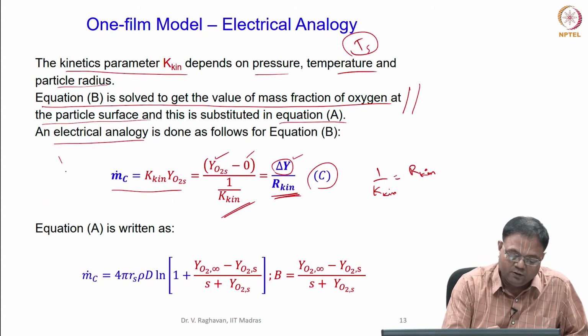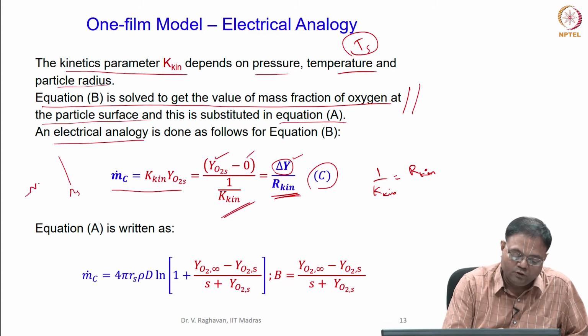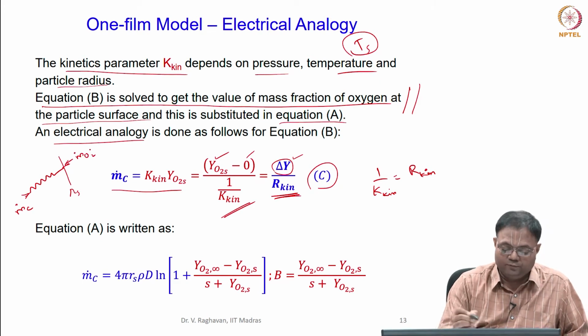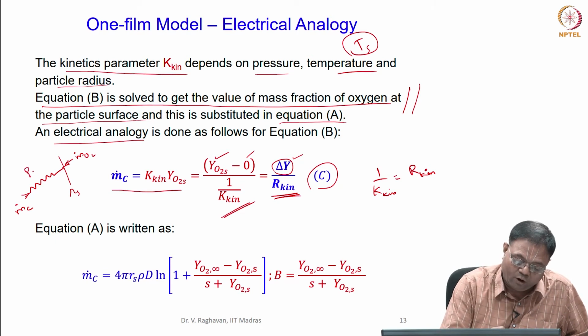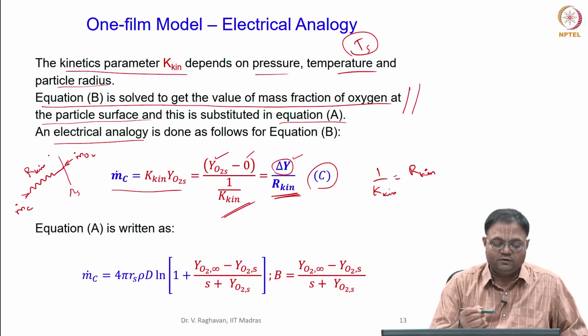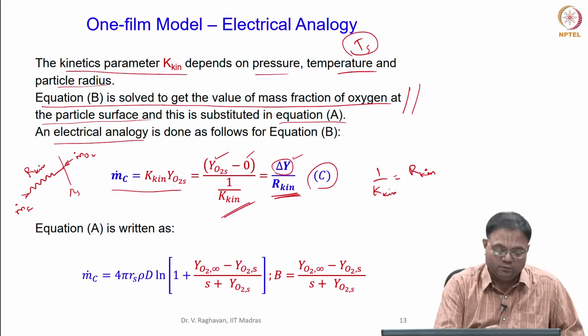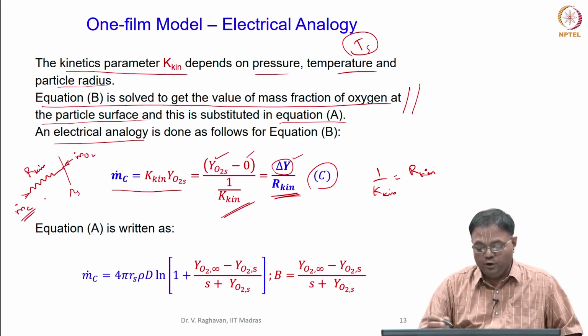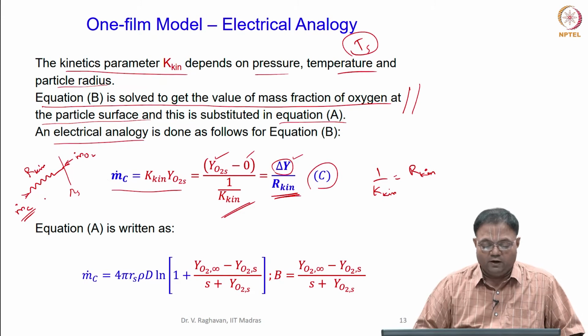And this is like one surface. See, for example, this is surface RS, and the mass of carbon flows here, and here oxygen comes in, and this I call R kinetics, the rate at which the surface reaction takes place, so that this mass of carbon is burnt. So this is one of the analogies I make.